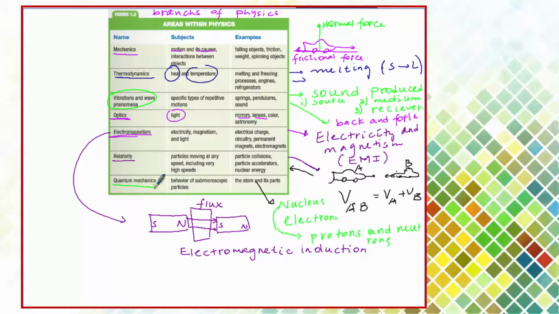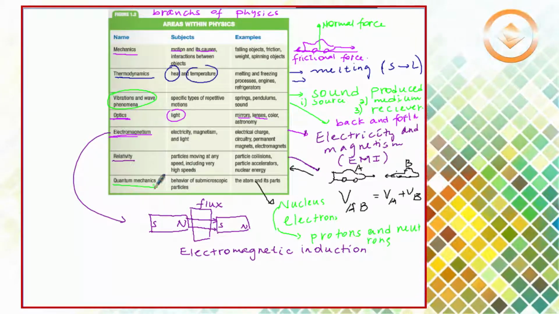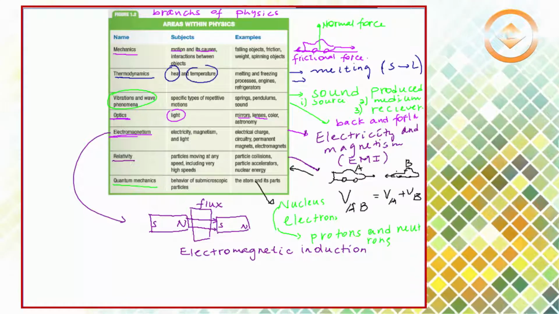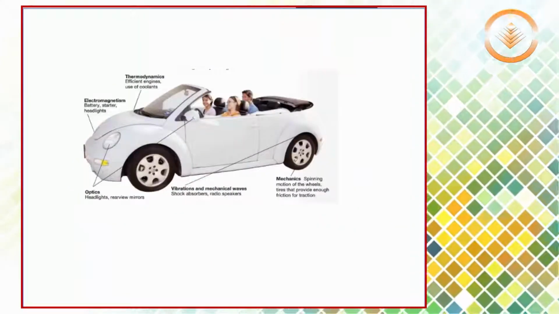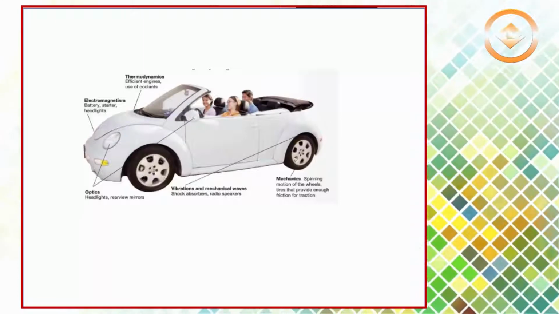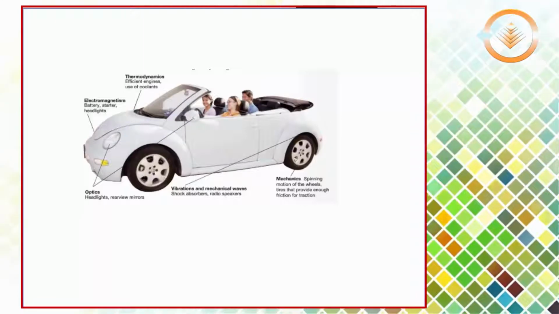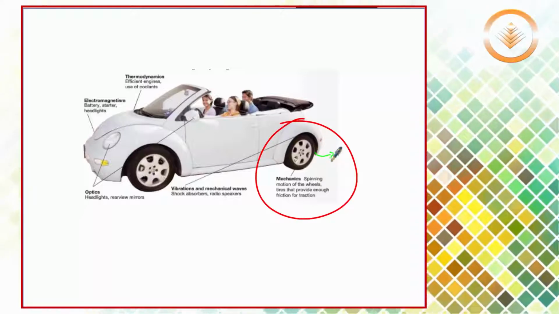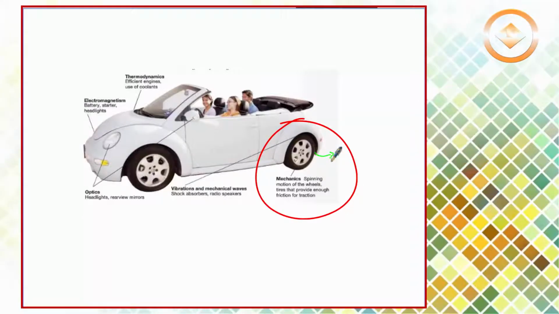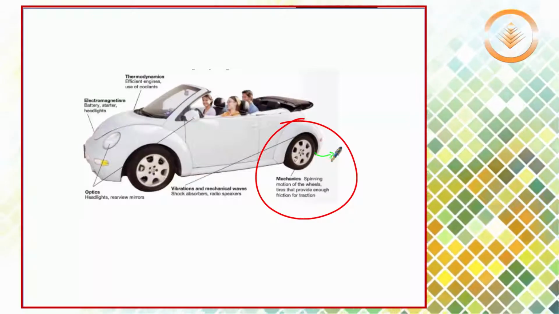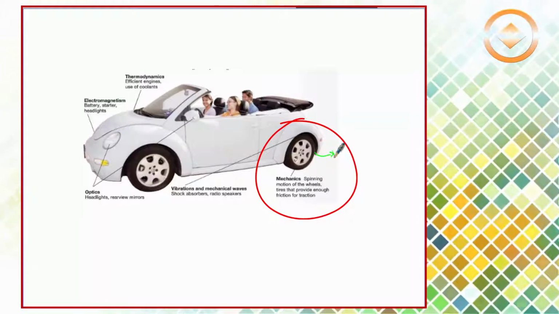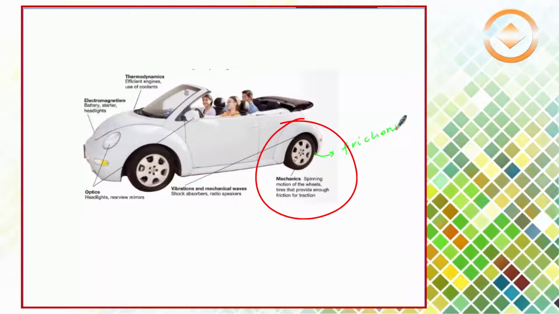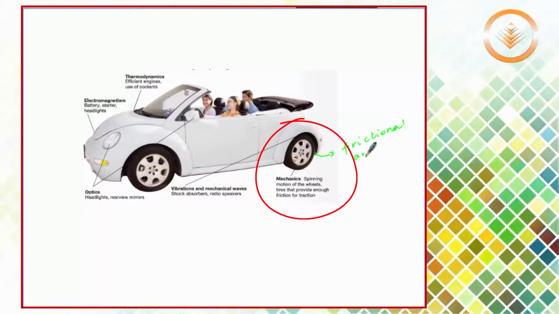Examples. To make this clear, let me show you a picture that makes our lesson easy to understand. For example, let's take this wheel. Look, the wheel of a car spins or rotates because of the frictional force between the wheel and the surface.